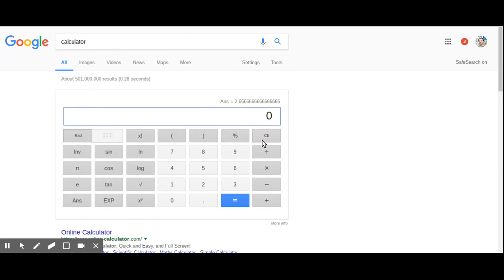So we have the square root of negative 4, take away negative 1, so plus 1, squared, plus 0, take away 8, squared, and the answer here is 8.54.